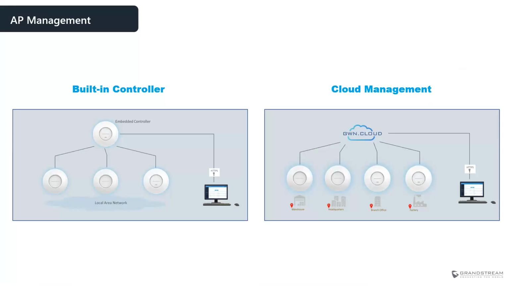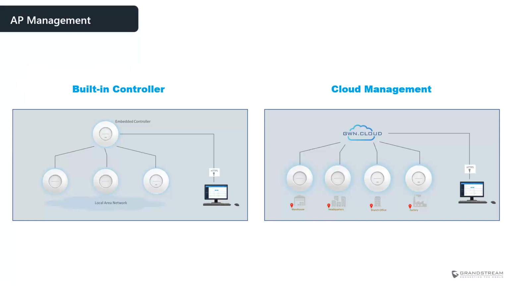In case you have more than 50 access points, because that's the maximum that a built-in controller can manage, Grandstream also offers GWN Manager, which is a free software that you can download from the Grandstream website, and you can install it on a Linux machine, and it allows you to manage up to 3,000 access points deployed in the same local area network.